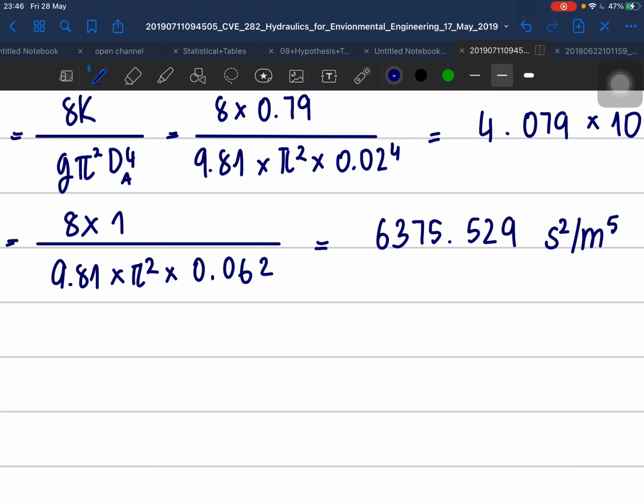The answer sheet is giving me different answers, and I wonder what they use for G. Why is it only 0.981?